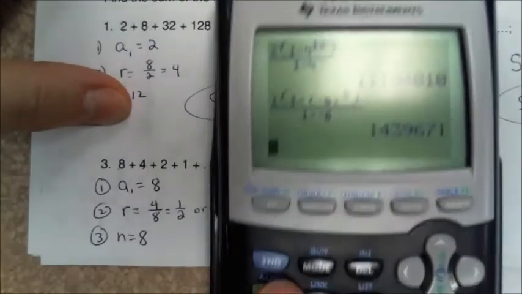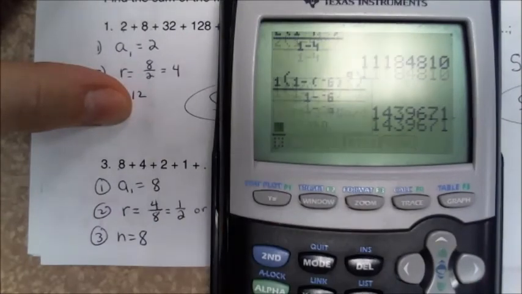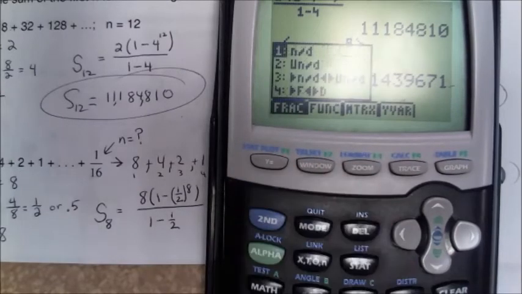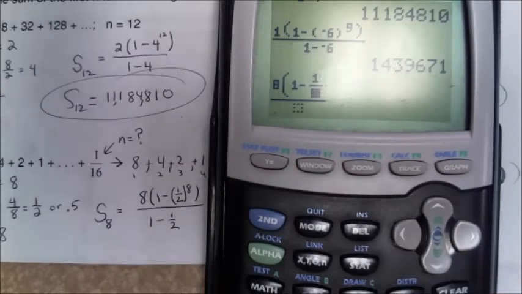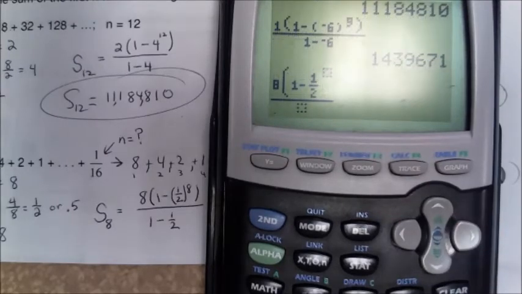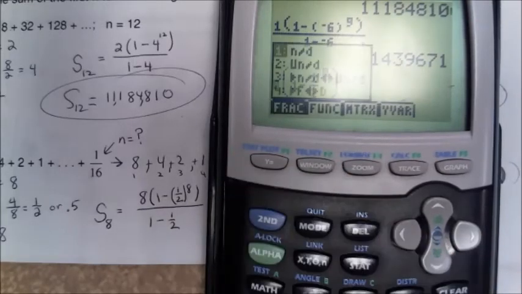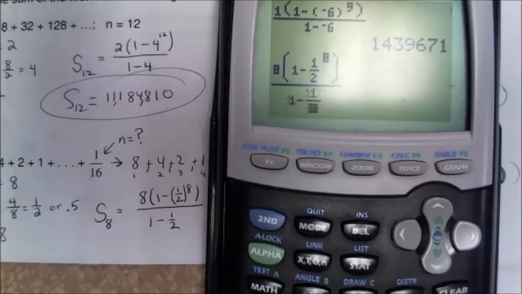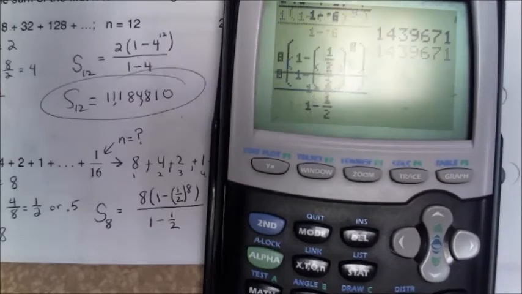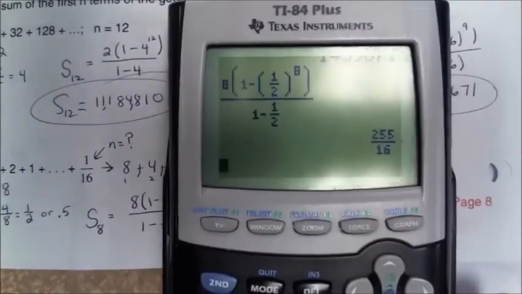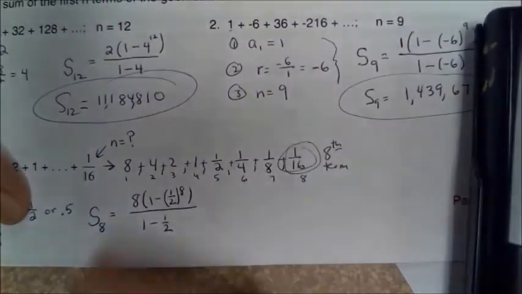So let's put that in our calculator. 8 times 1 minus 1/2 to the power of 8, over 1 minus 1/2. So that's 255 over 16 if you add up all of those fractions.